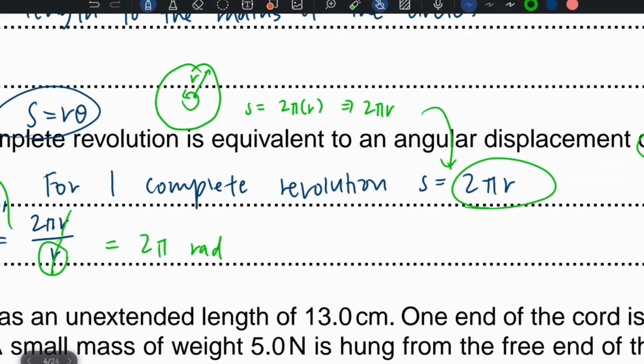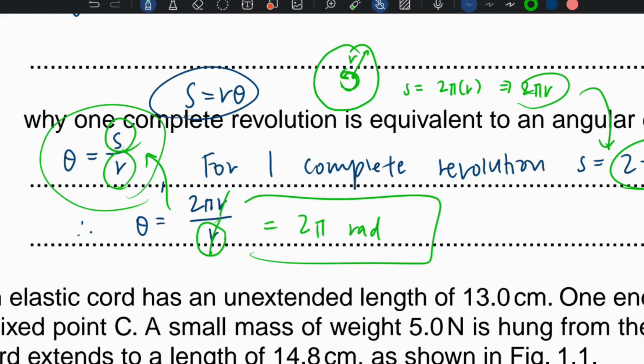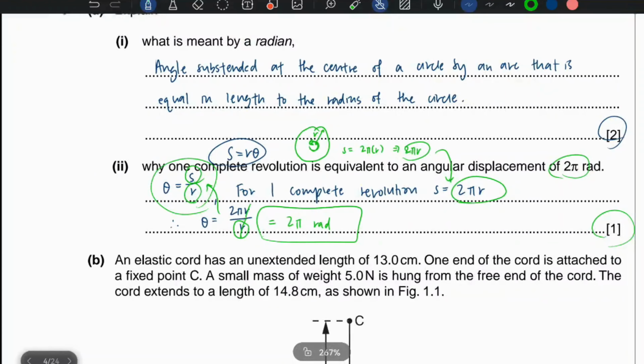Because for one circle, your angle will be 2 pi, and assuming a circle of radius R, you'll get 2 pi R. So you got your S. Now you sub back into this formula, you'll get theta equals 2 pi R divided by R. R can be cancelled out. You have proven that for one complete revolution, theta is 2 pi radians. There you go. Get your 1 mark.